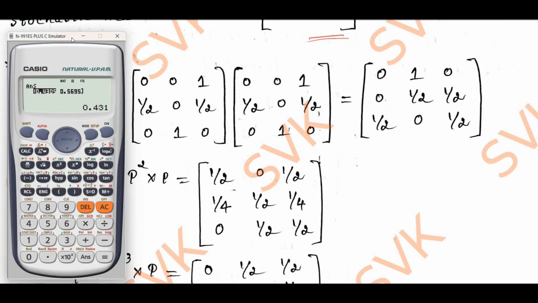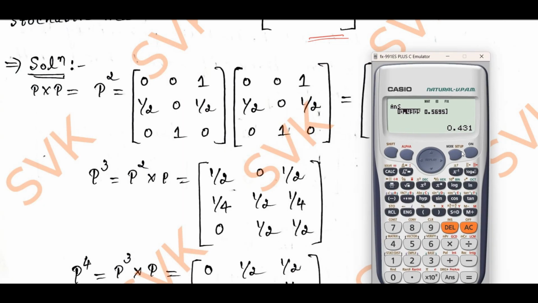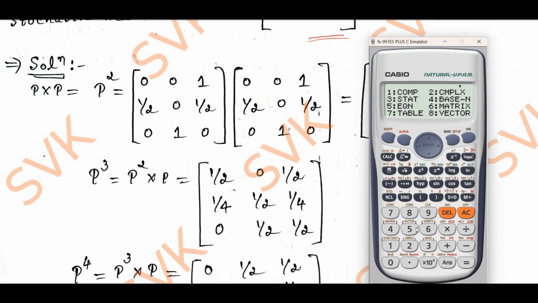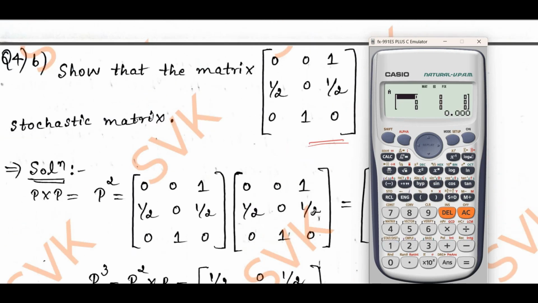Consider the matrix. So go to matrix mode, then press 1. As we have a 3 cross 3 matrix, I will consider option 1. Then I will enter the values 0, 0, 1, 1 by 2, 0, 1 by 2, 0, 1, 0.